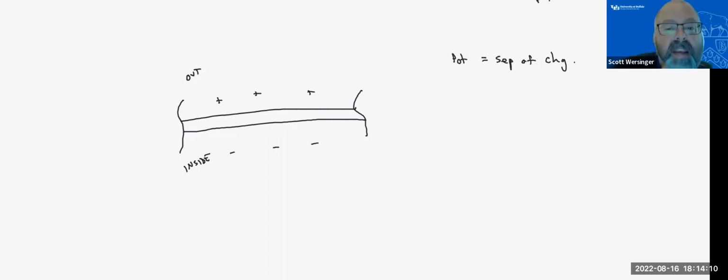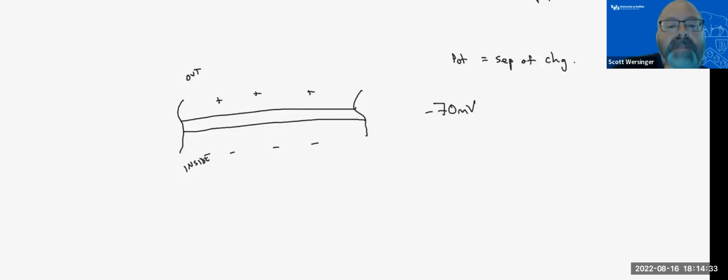The size of the separation of charge will be 70 millivolts. Now we always go inside compared to outside. So inside we have an excess of negative charges. So it's minus 70 millivolts.